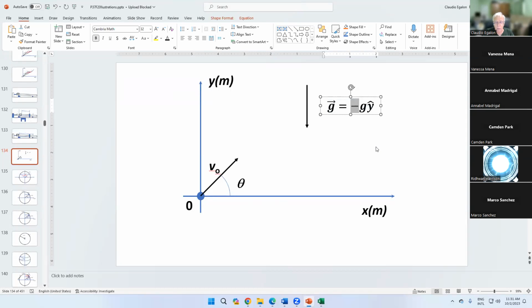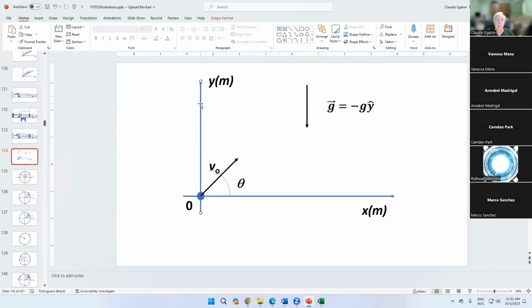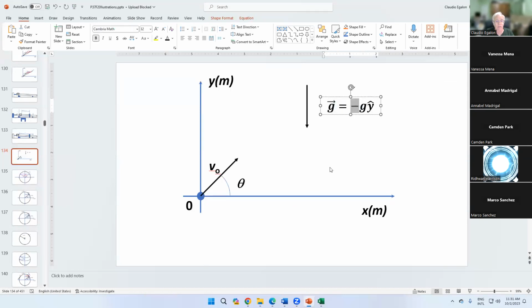But it needs to be negative, because it's going down, which is the negative direction, right? Yes, it is negative. In this specific problem, it is negative because the y-axis is upwards. If you set the y-axis upwards, the acceleration of gravity is going to be negative. But if you choose to set the y-axis downwards, then you do not have this negative here anymore.